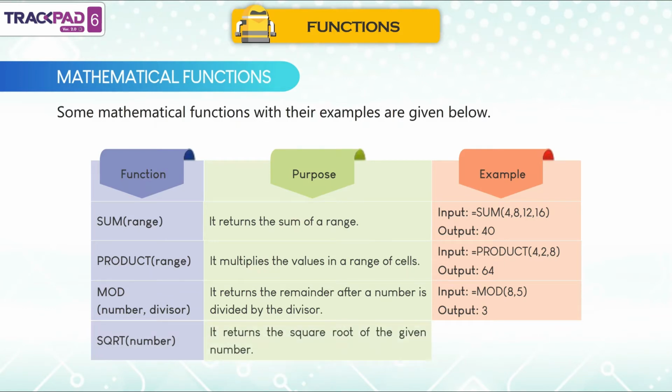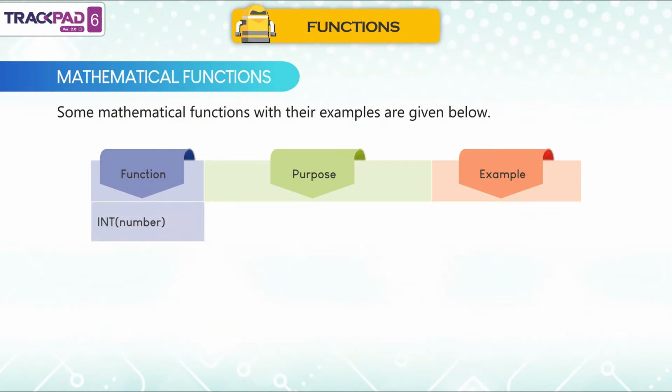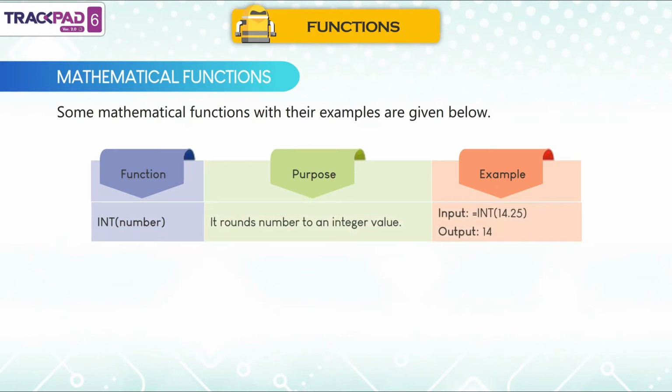SQRT(number). It returns the square root of the given number. Input: =SQRT(81). Output: 9. INT(number). It rounds a number down to an integer value. Input: =INT(14.25). Output: 14. POWER(number, power).